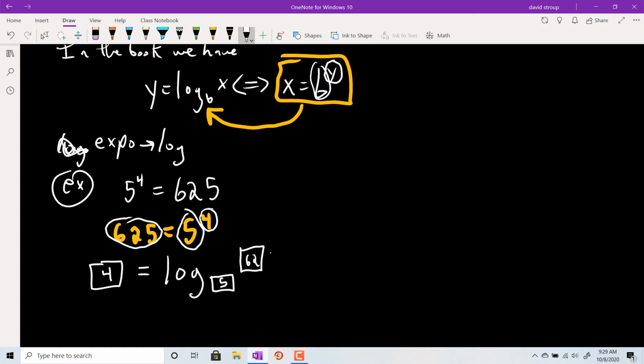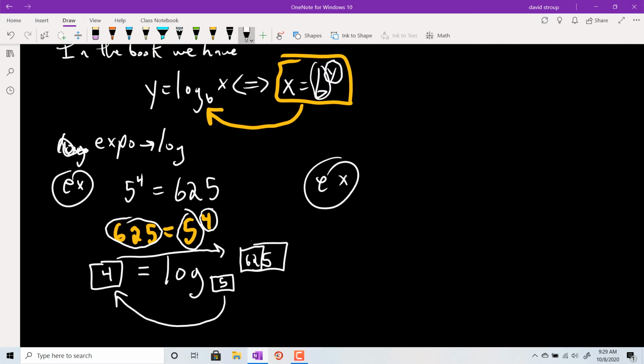So this will be 4 equals log base 5 of 625. In the beginning, it's a little weird, but it's always kind of like 5 to the 4th equals whatever is inside the log. It's just going to take practice, but it's easy once you get the hang of it.